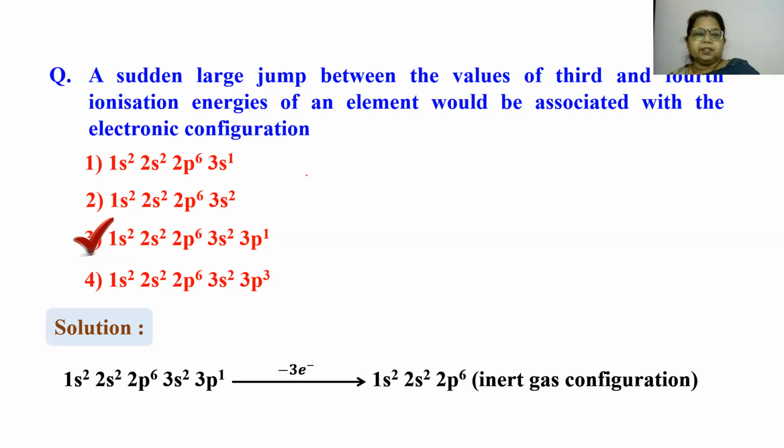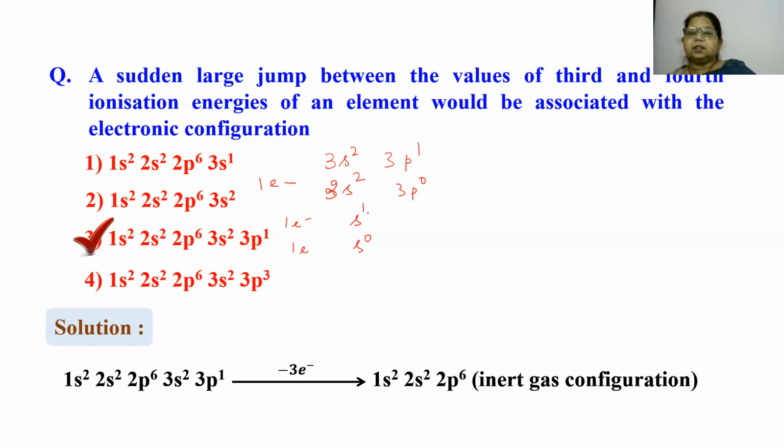So if I take the element given in option C, having electronic configuration 3s2, 3p1, and it loses one electron, it will be lost from the p orbital and become 3s2, 3p0. Then one more electron lost, it will become 3s1. One more electron lost, it will become 3s0.